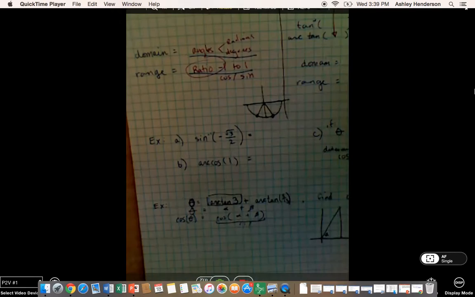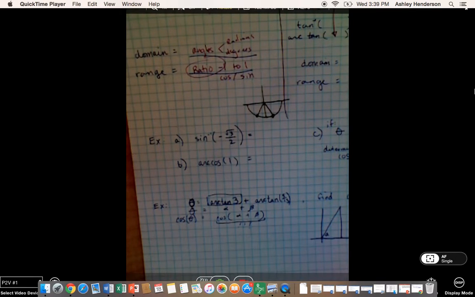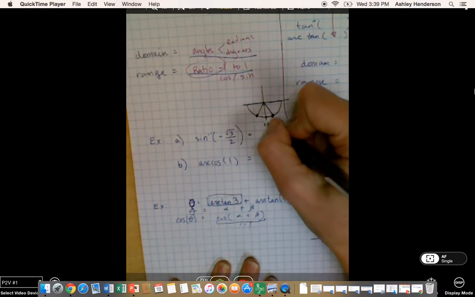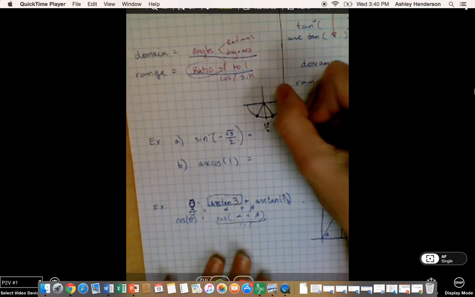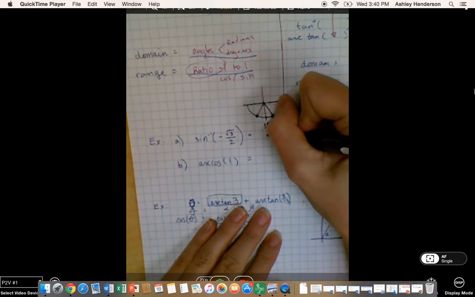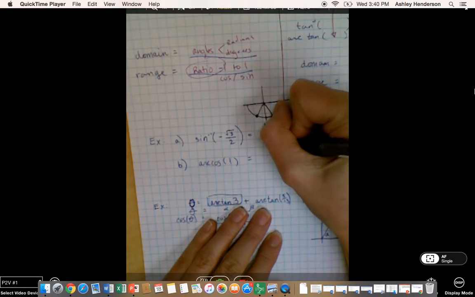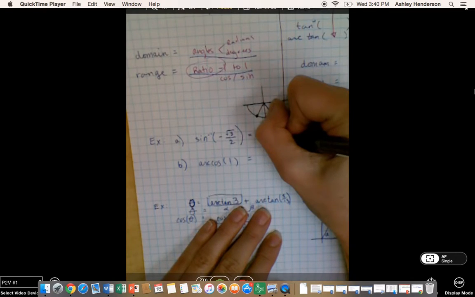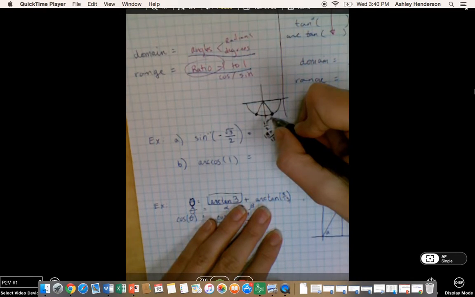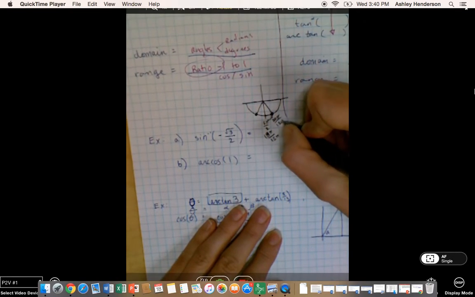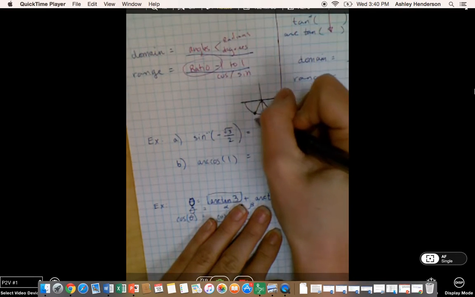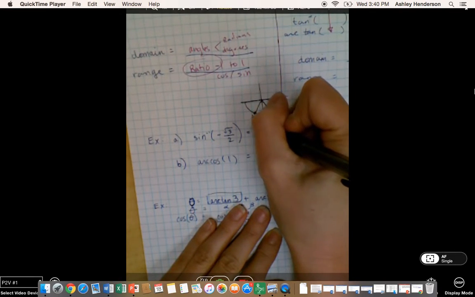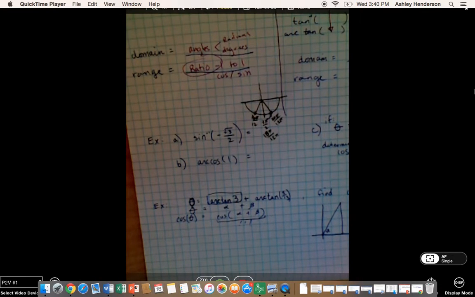On the unit circle, which hopefully you have memorized because I don't remember what they are, this is 3 pi over 2, and that's 9 pi over 12, 18 pi over 12. So this is going to be 20 pi over 12, and then 16 pi over 12, and then you can reduce those down.